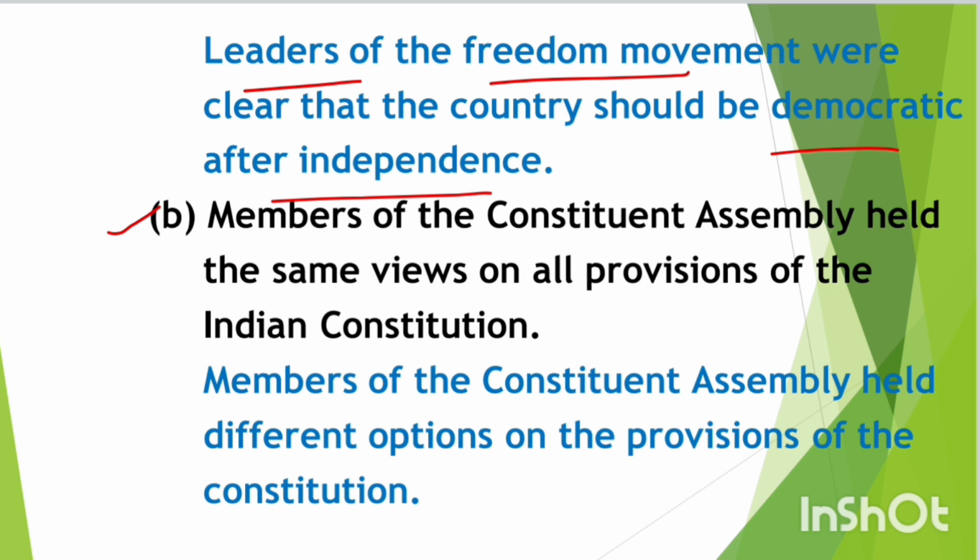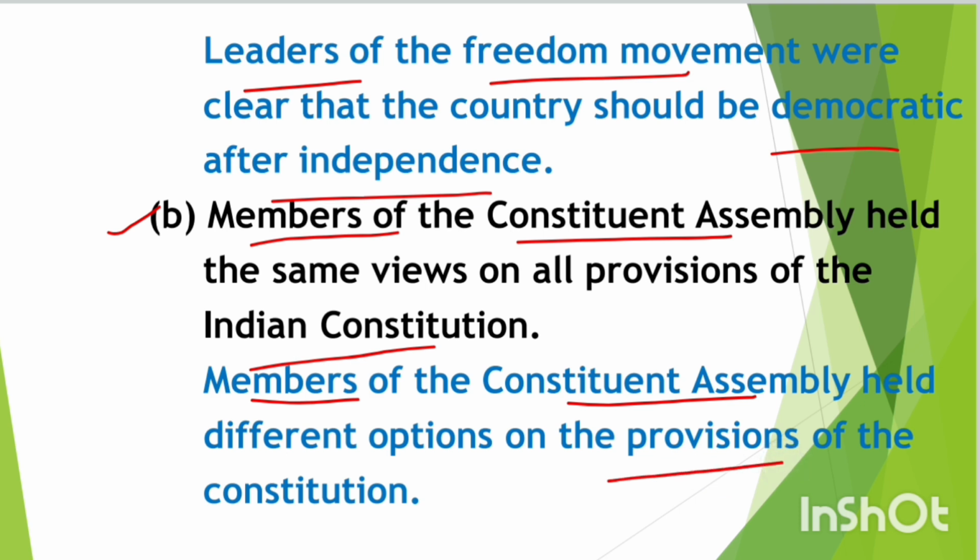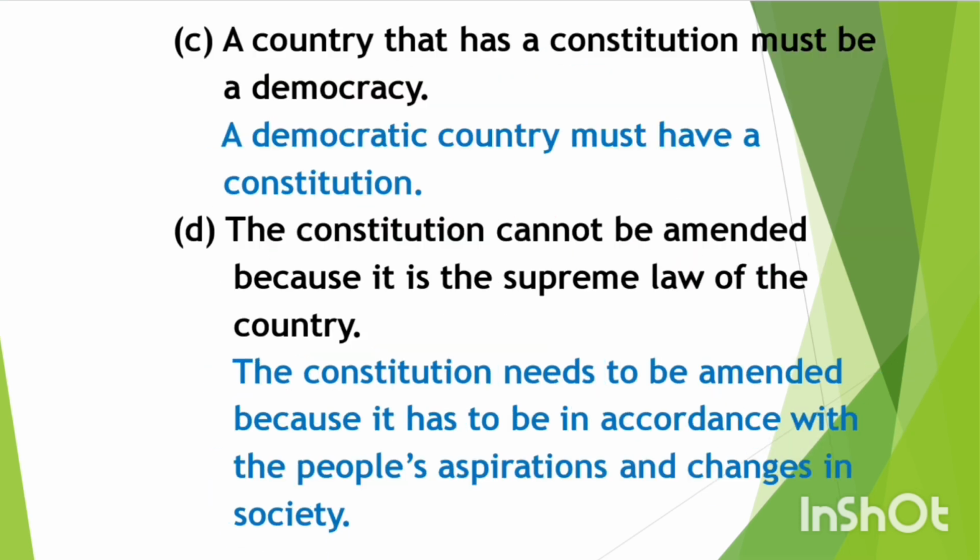Next B: Members of the Constituent Assembly held the same views on all provisions of the Indian Constitution. Answer: Members of the Constituent Assembly held different opinions on the provisions of the Constitution. Next C: A country that has a constitution must be a democracy.